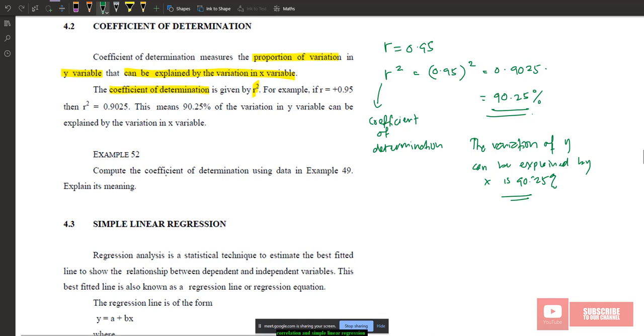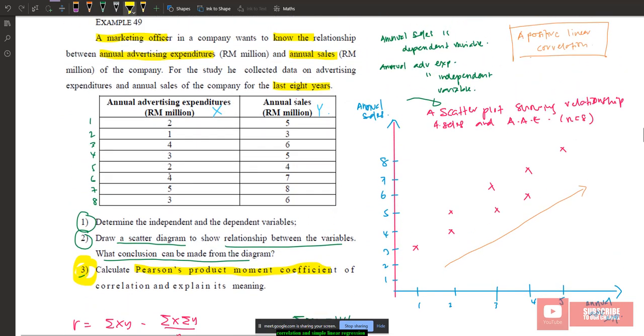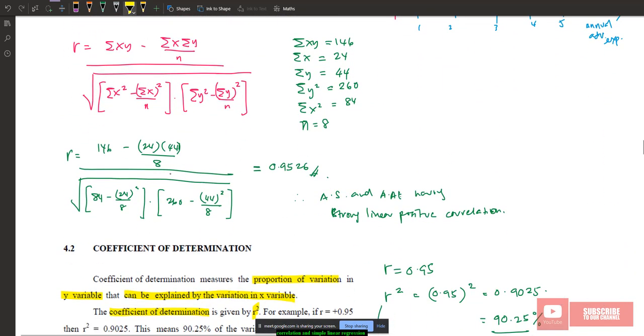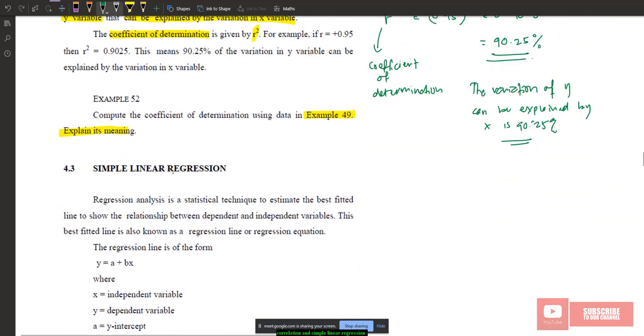So now let's look at example number 52. We need to compute the coefficient of determination using example number 49 and explain the meanings. So example number 49, this is example number 49. The Pearson product moment coefficient is 0.9526.